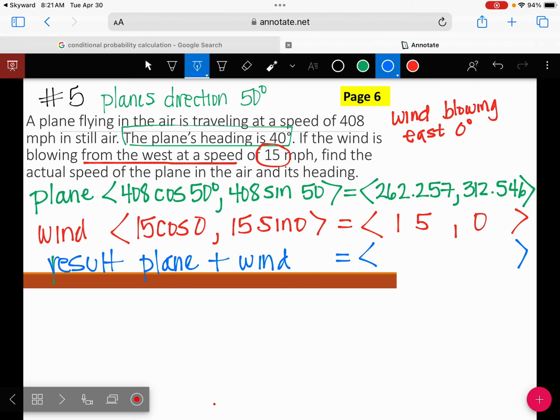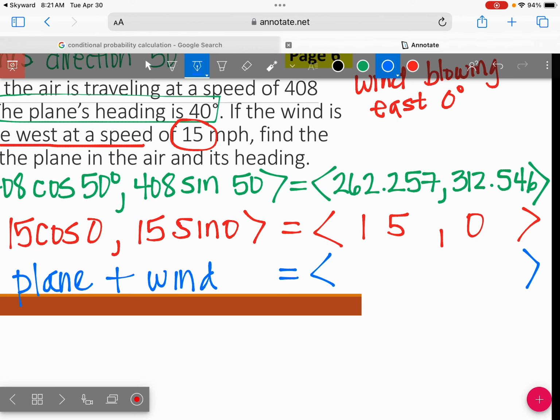And you should get 277.257 and 312.546. So this vector is what you're going to use to find the speed.